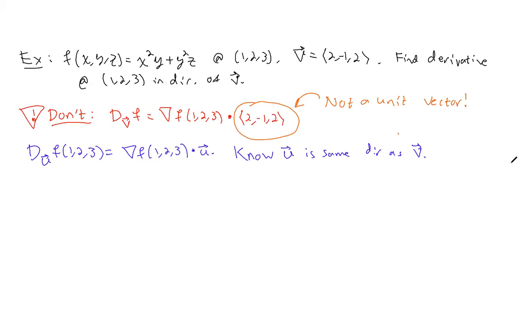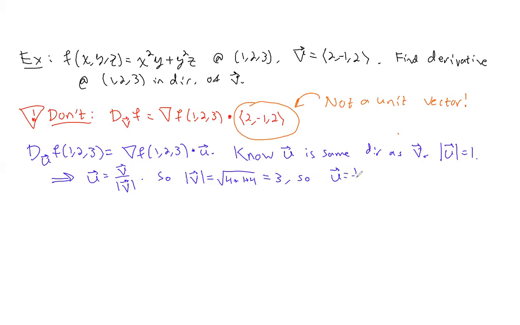And of course, importantly, u is a unit vector, so the magnitude of u is 1. What that means is that u, as we've seen how to do, is just v over the magnitude of v. The magnitude of v is the square root of 4 plus 1 plus 4, or in other words, root 9, or 3. So u we can just write as 1/3 times (2, -1, 2).